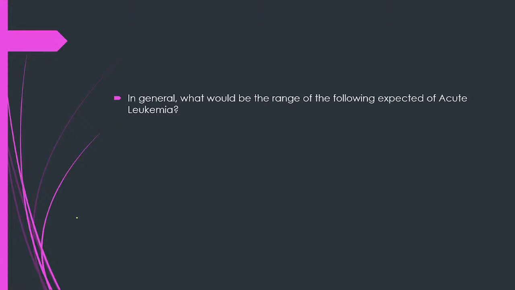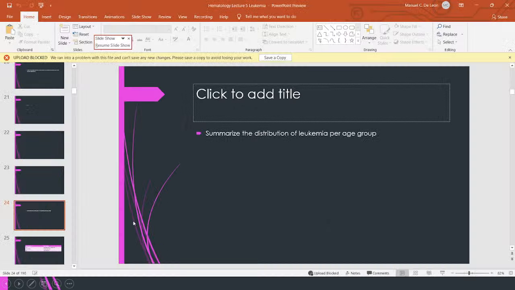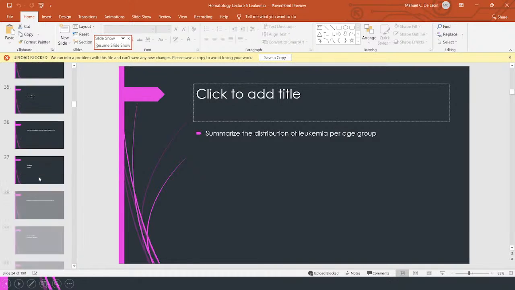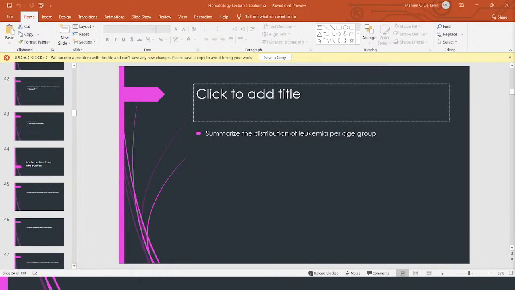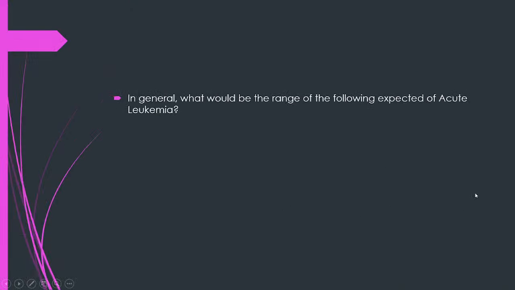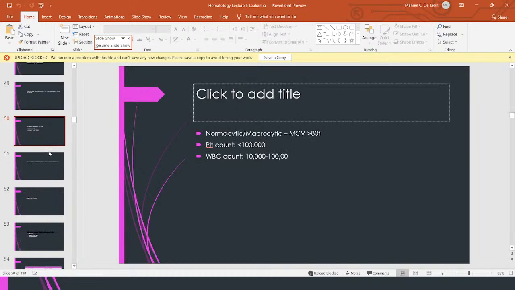In general, what would be the range of the following in acute leukemias? I think that question is a little confusing, so let's edit it.